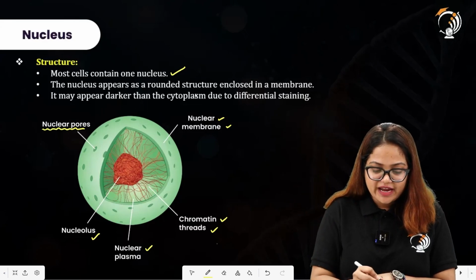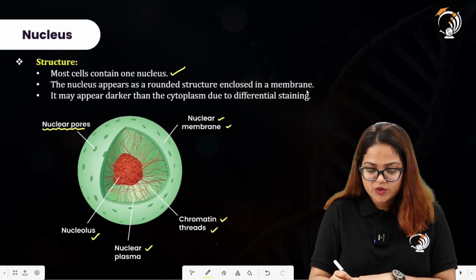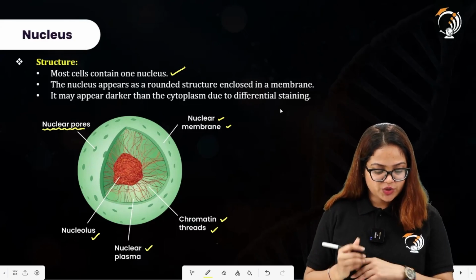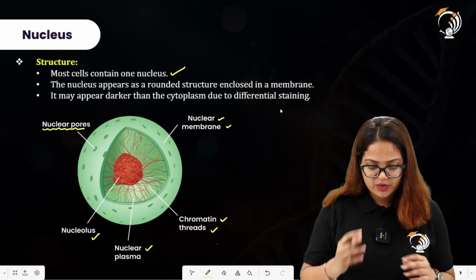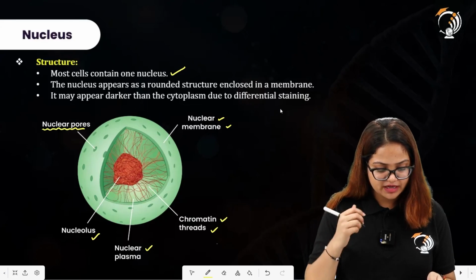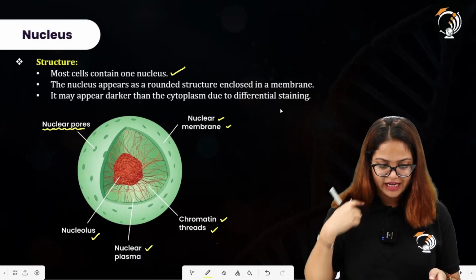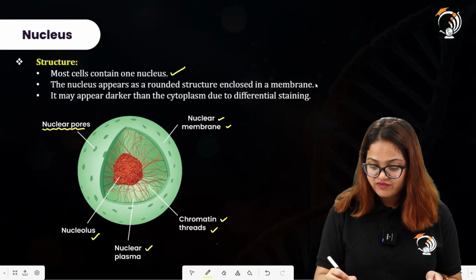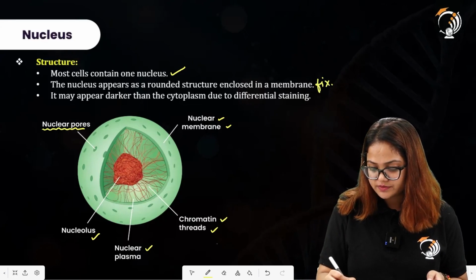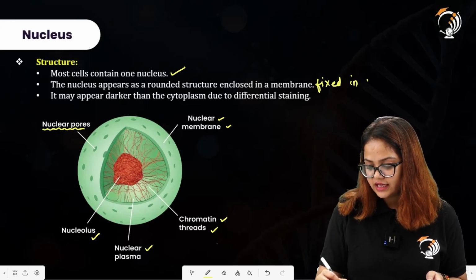The nucleus appears as a rounded structure enclosed in a membrane. All right. This structure is also fixed in the cytoplasm.